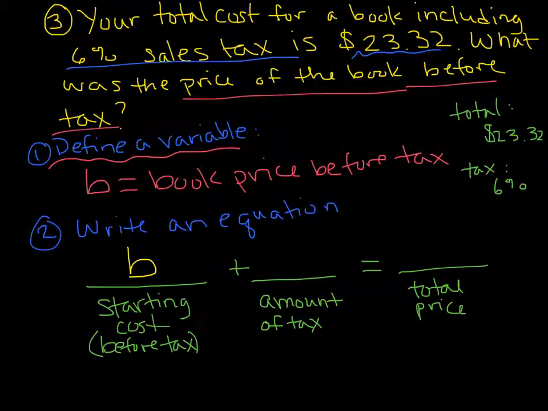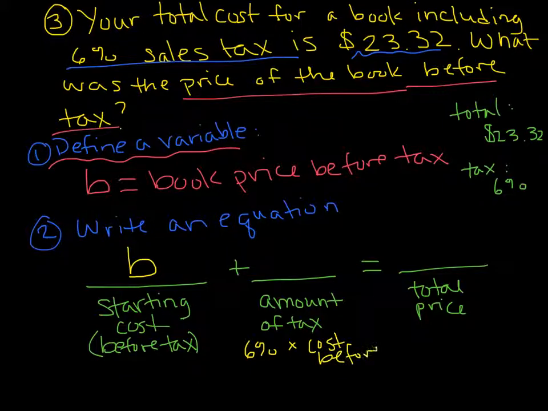The next part is the place where people tend to make their mistakes. We're looking for the amount of tax, and we want this to be a dollar amount. So it's not just going to be 6%, it actually is going to be 6%, which is your tax rate, multiplied by your cost before tax.